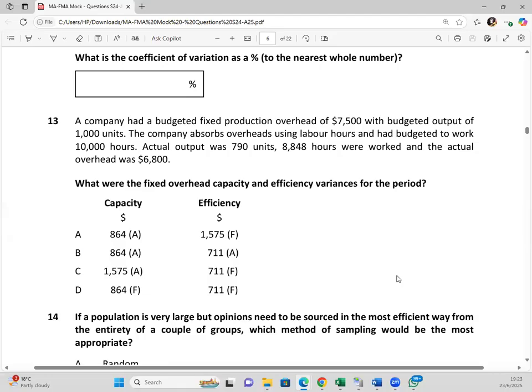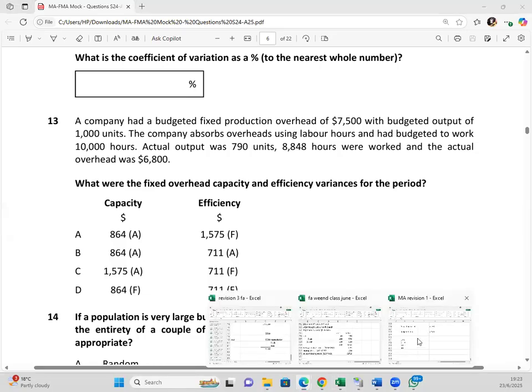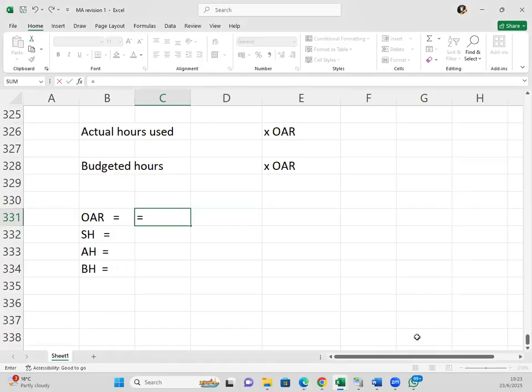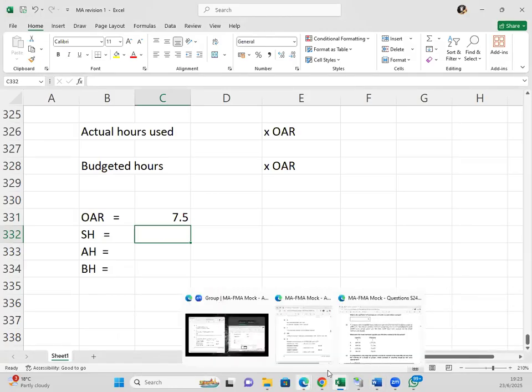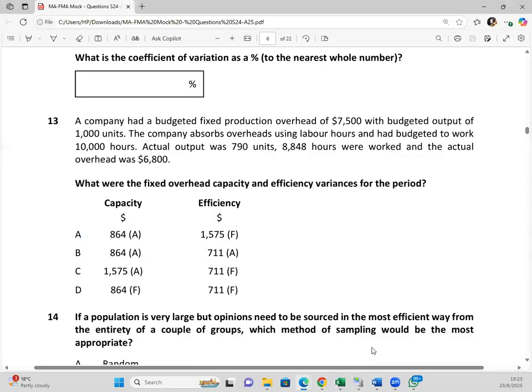So in this particular instance, the answer is 7.5 over 10,000. That's our OAR. Always remember, the OAR uses the budgeted.